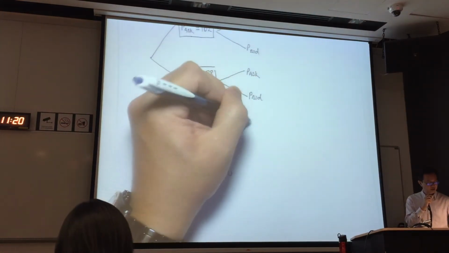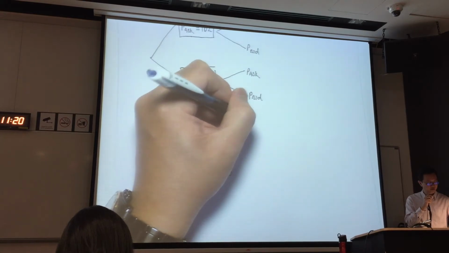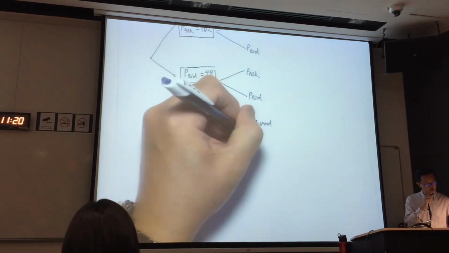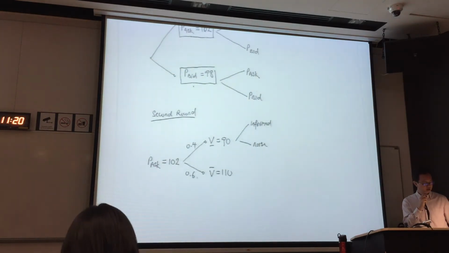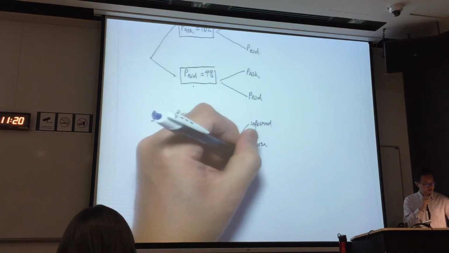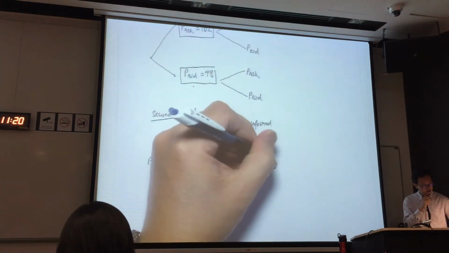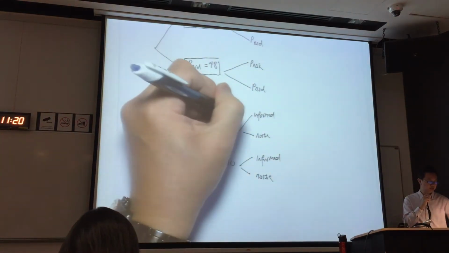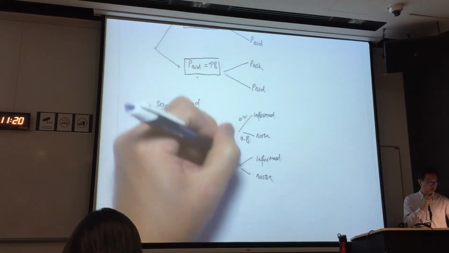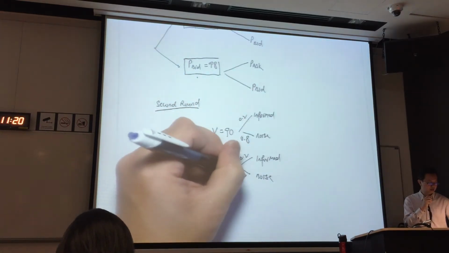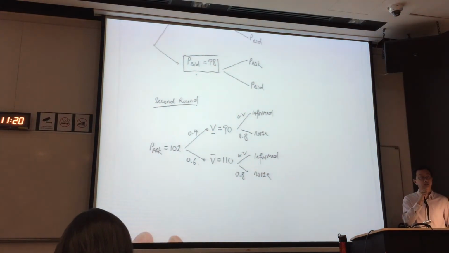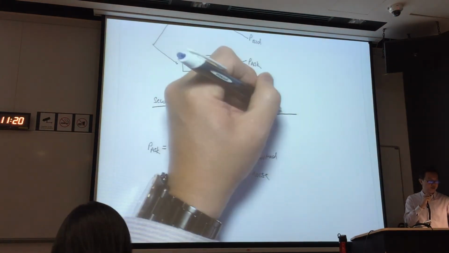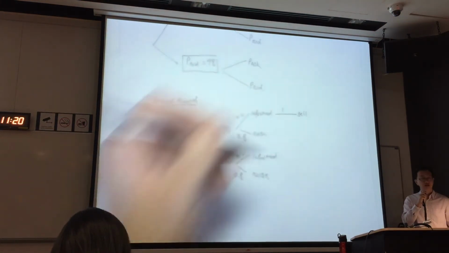Here we have informed trader, this is noise traders, this is informed, this is noise. Here the probability is 0.2, 0.8, 0.2, and 0.8. Then for the informed trader, if this value is 90, they will be 100% sell.